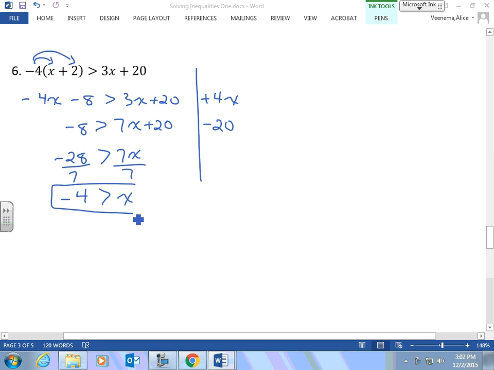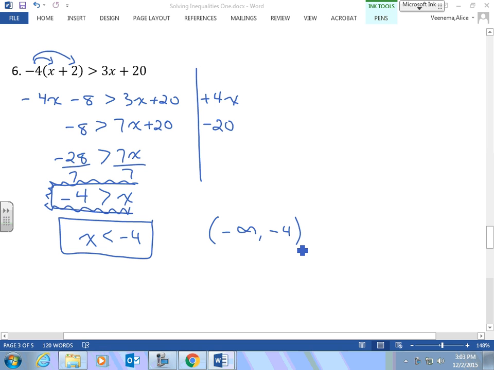Really, you want to write that in proper form, which would be x is less than negative 4, instead of negative 4 being greater than x. Okay, don't write a box around this. Put it in the correct format first. Or you could write this as the interval, x is less than negative 4, so negative infinity to negative 4. Okay? So that's just a little piece of formatting or how to write things carefully.